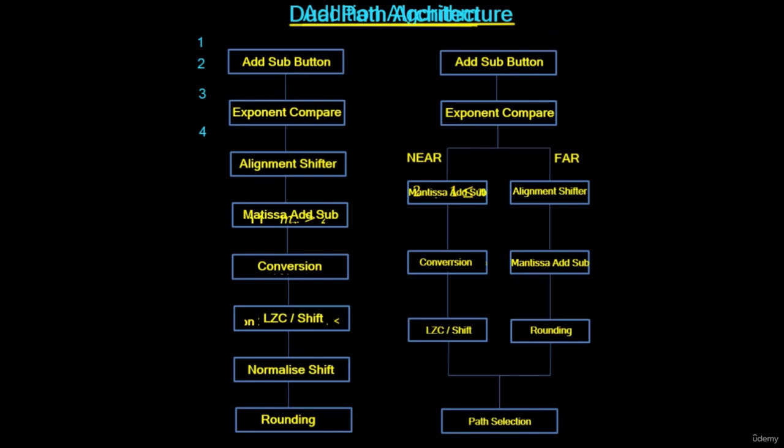So having done this initial alignment, we therefore head on, and we can do the adding and subtracting, but we don't need to do the conversion phase. Now there's no conversion phase needed because we know whenever we're doing the subtraction down this path here, the exponent difference is going to be a value which is greater than 1.